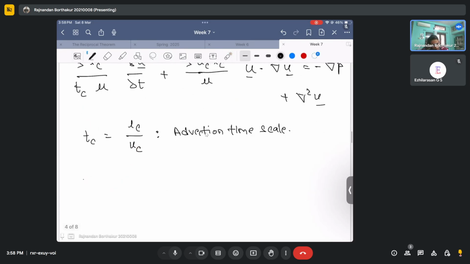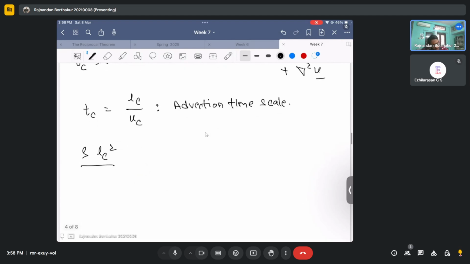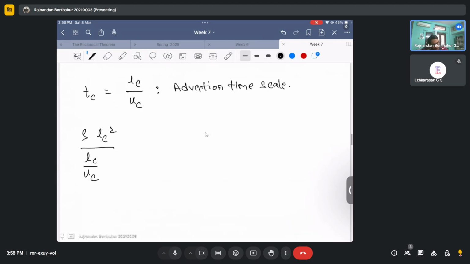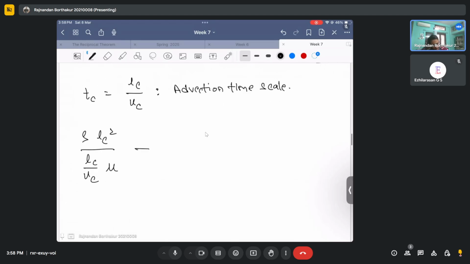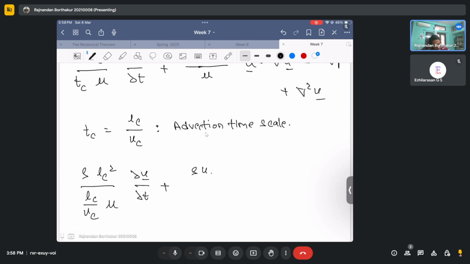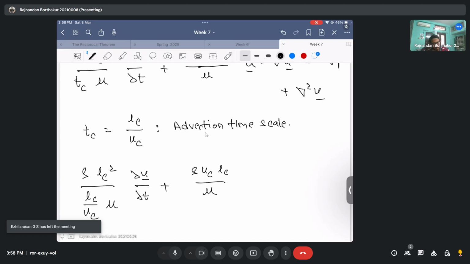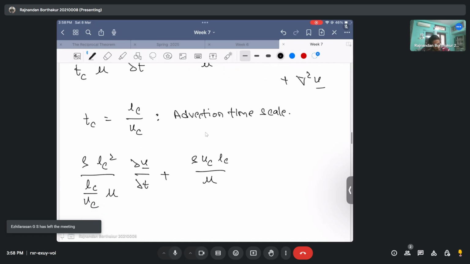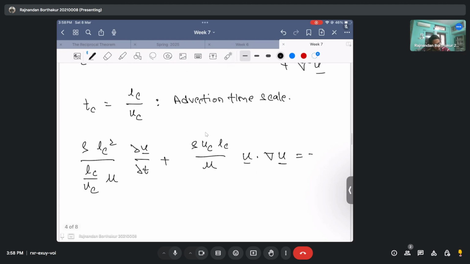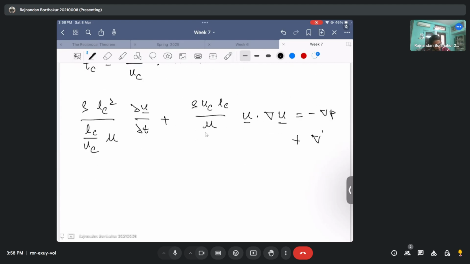So this just becomes rho LC squared by LC by UC, and then I have this mu that is still there, and then I have del U bar by del T, plus rho UC LC by mu, U dot grad U. And then I have minus gradient of P plus del square of U. So if I simplify, the LC goes and UC goes above.